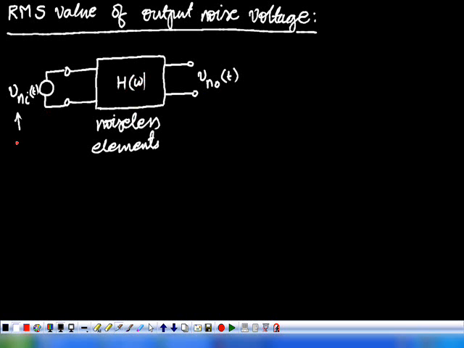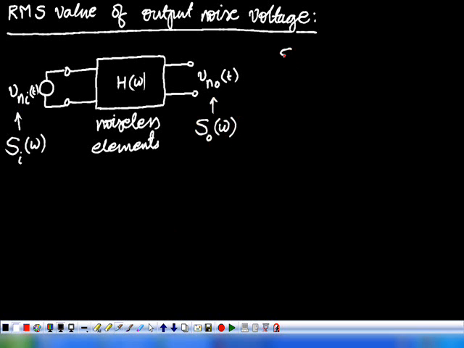And also assume this subscript i indicates the input. So we are letting Si of omega is the power spectral density of the input noise voltage, and let S0 of omega is the power spectral density of the output noise voltage.